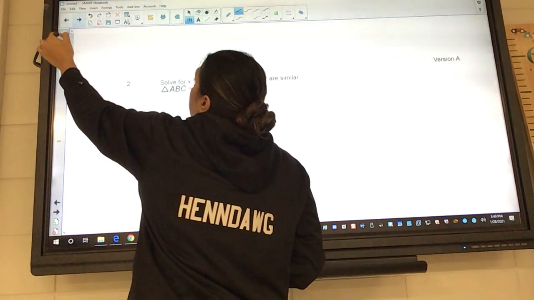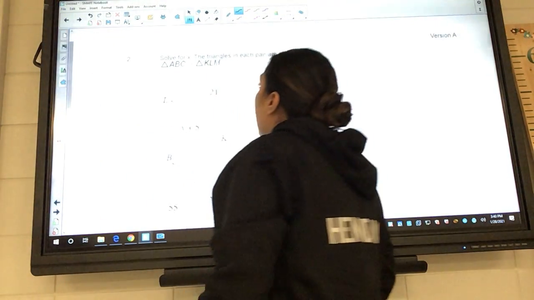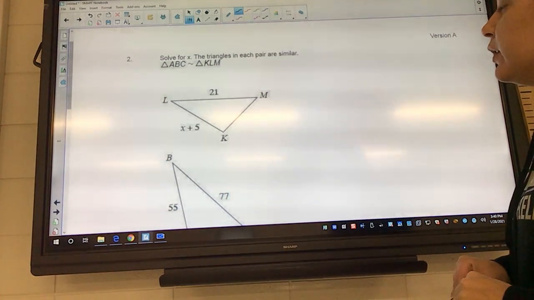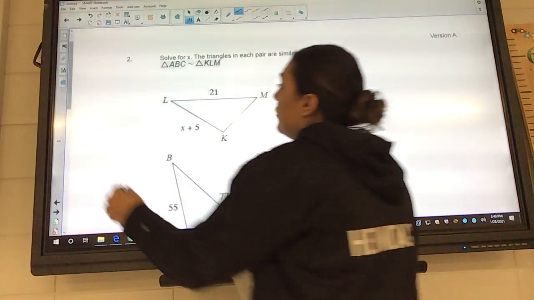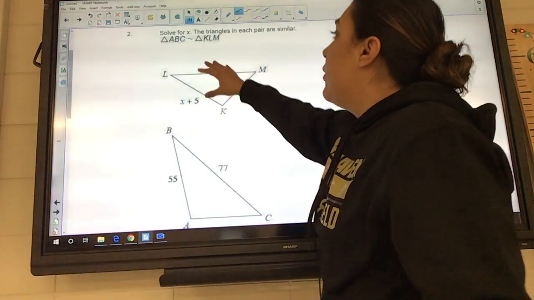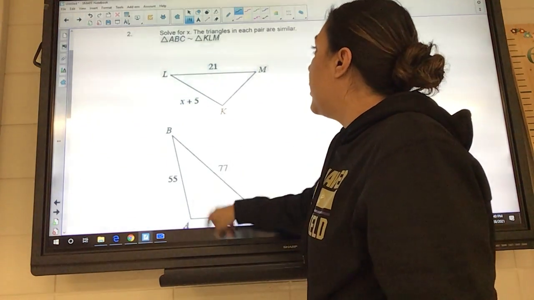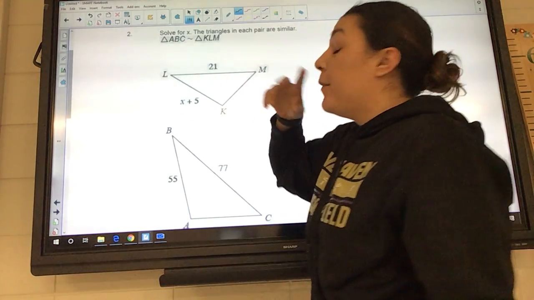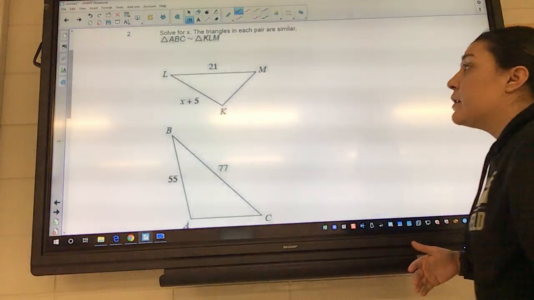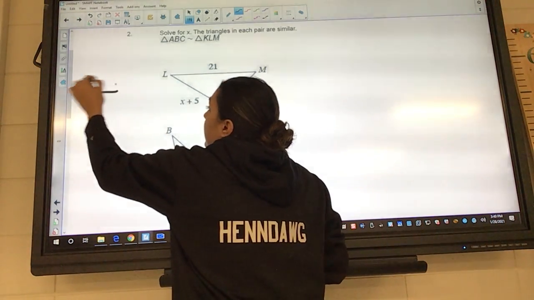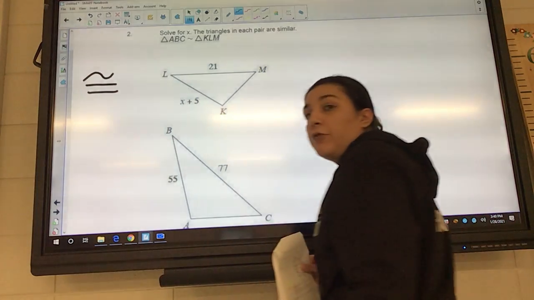Look at 2. Number 2 says solve for x. The triangles in each pair are similar. So we're given these 2 triangles, and it says triangle ABC, which is this bottom one, and triangle KML. By now you guys should be able to look at these and say, well, before we were saying that this means they are congruent.